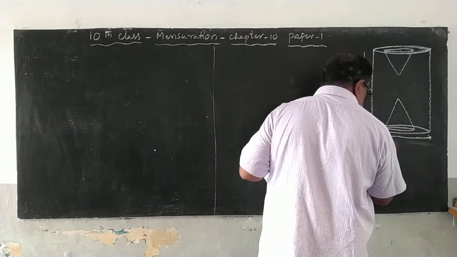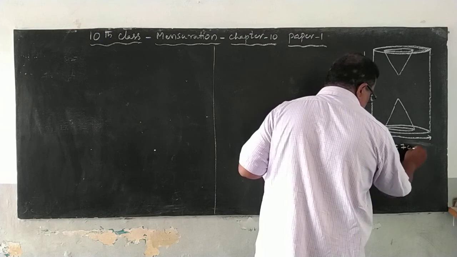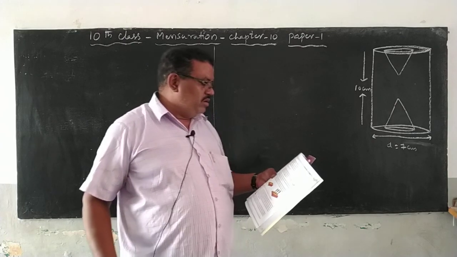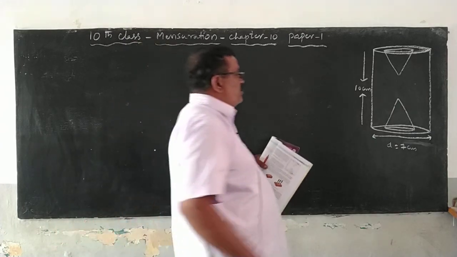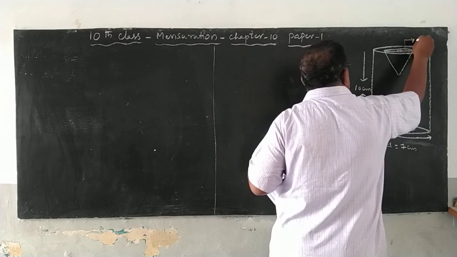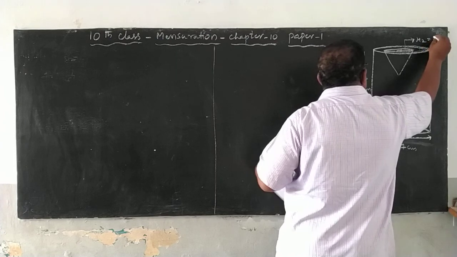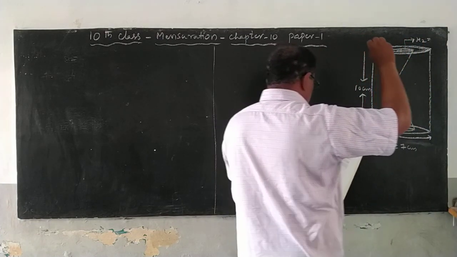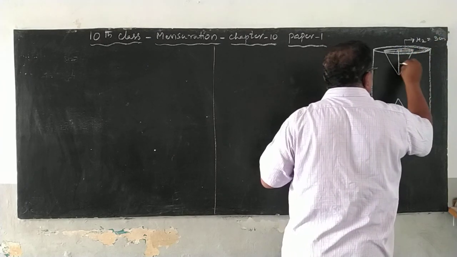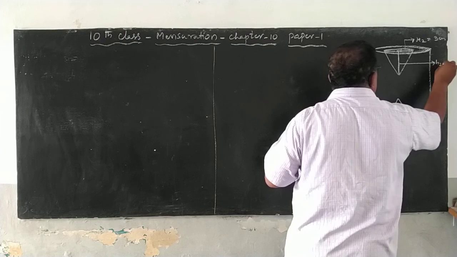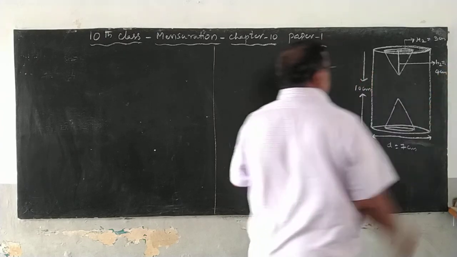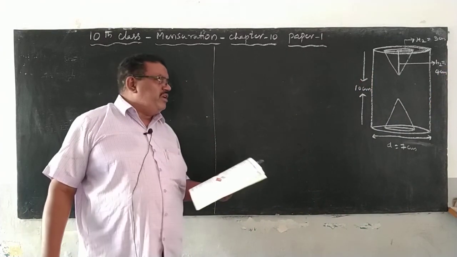This diameter is 7 centimeters, children. Two identical cones of radius 3 centimeter, height 4 centimeter. Here R2 is nothing but radius of cone. Radius is 3 centimeter. Height is 4 centimeter. This H2 is 4 centimeters, children. Find the volume of the remaining solid.